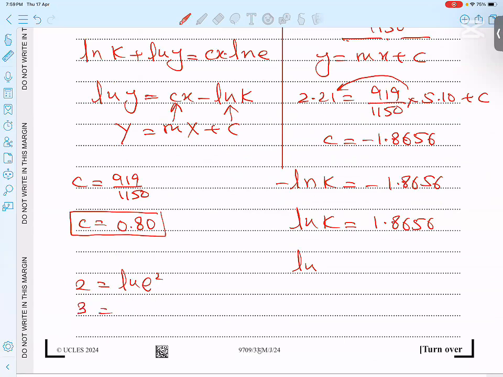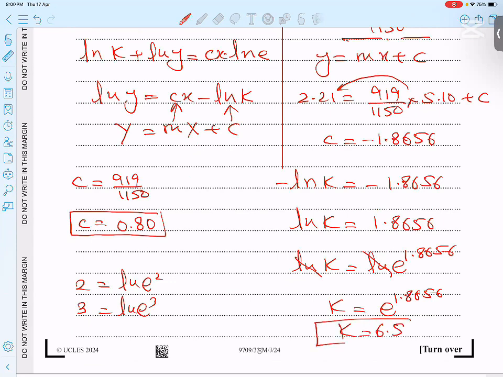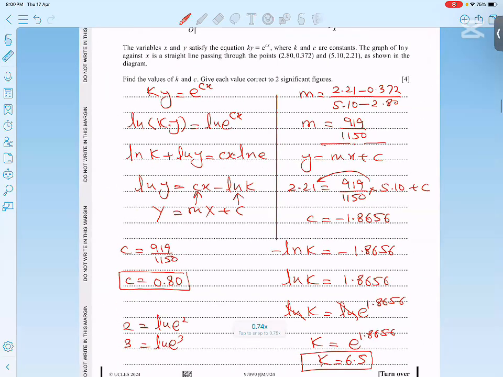If it's 3, I can write log of e to the power 3. What about this? Same story. So I can write here logarithm e to the power 1.8656. Log cancels, and I get the k value. When I type this in the calculator, and we said 2 SF, k becomes 6.5. Alhamdulillah. I hope the point is very clear.